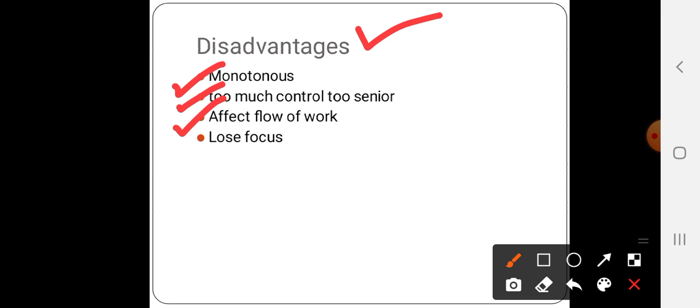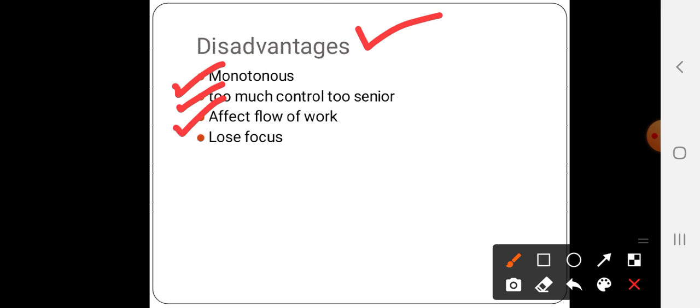Next, it affects the flow of work. Job design by rotation can affect the flow of work and hamper the quality of output, as when jobs are rotated, one person plays another's role, and that can hamper the flow of work.